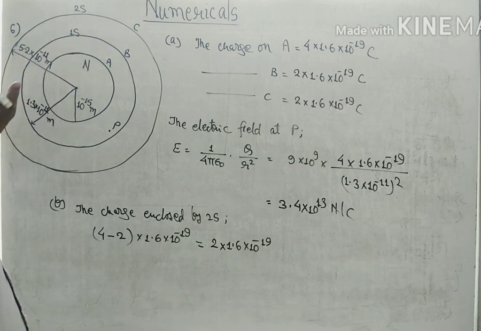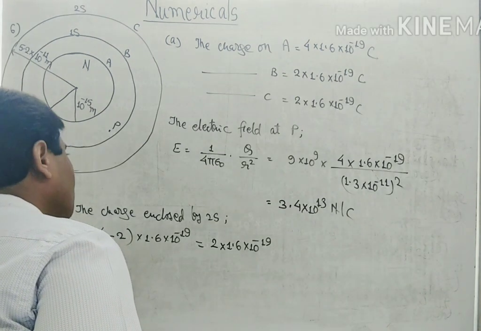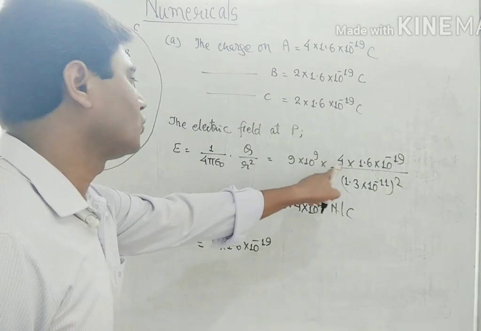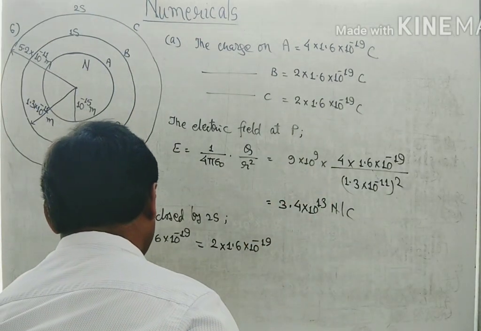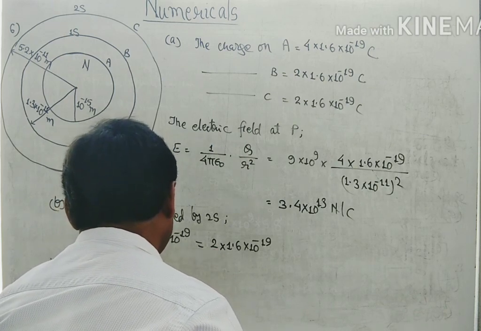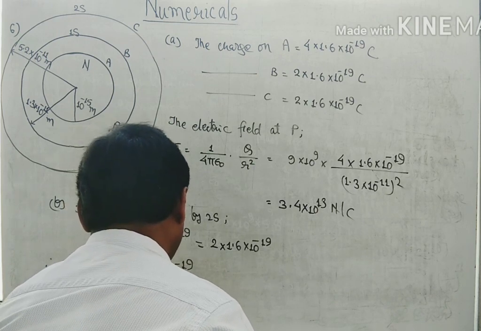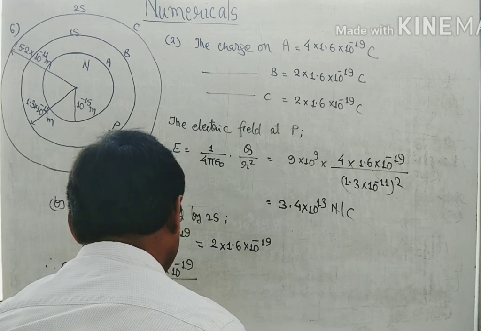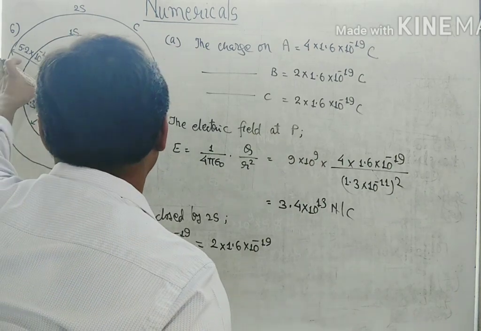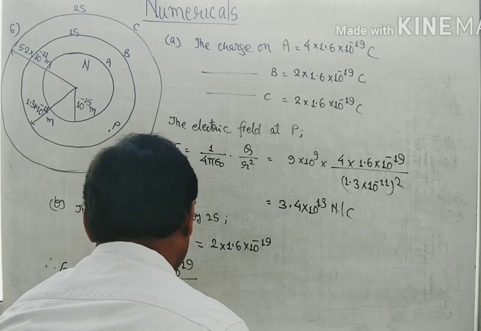And the distance from the nucleus is already given to us. We can directly apply the formula. Therefore, E equals 9 into 10 to the power 9 into charge. Now the charge is 2 into 1.6 into 10 to the power minus 19 upon the distance squared. The distance given is 5.2 into 10 to the power minus 11, its square.